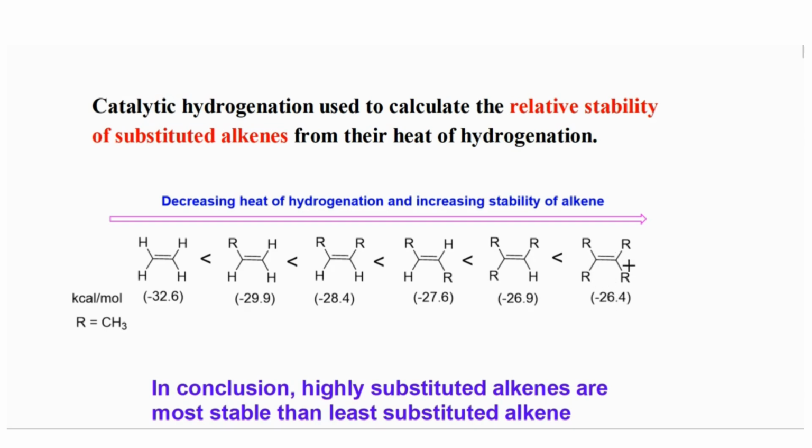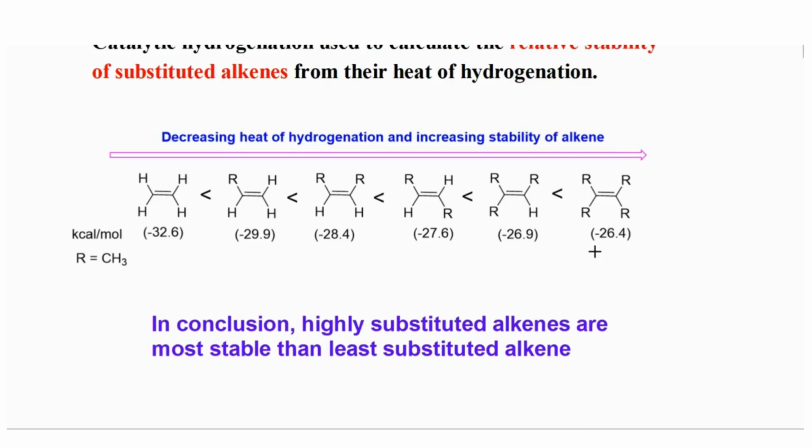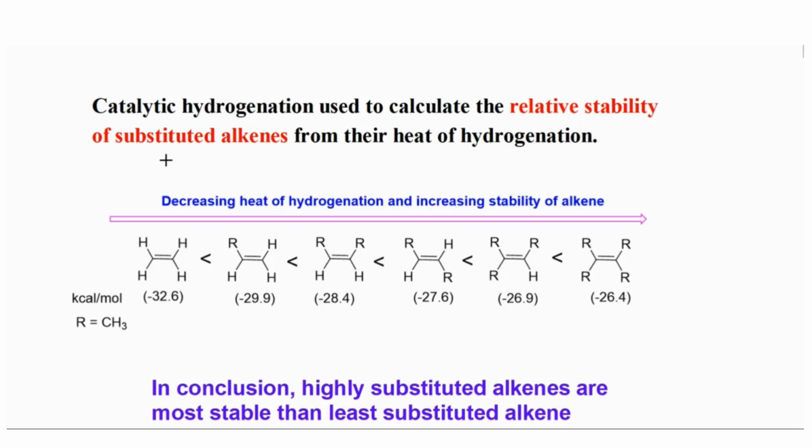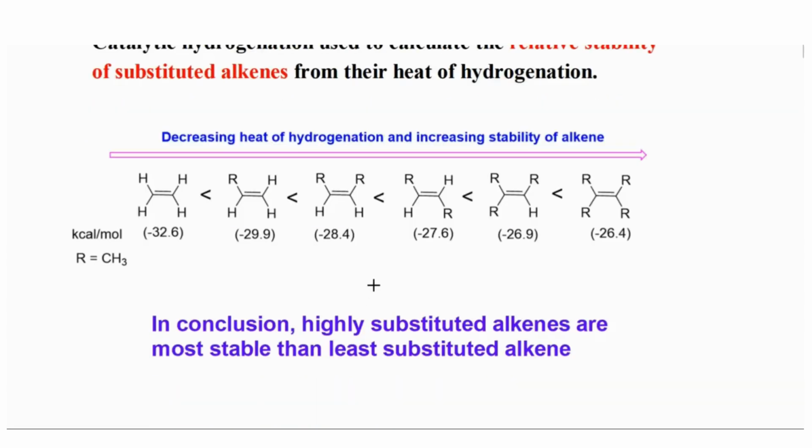So this highly substituted alkene is the most stable alkene, because it releases the least energy. That's why this compound is most stable. So this catalytic hydrogenation is used to study the relative stability of substituted alkenes. I hope you understand that. In conclusion, what we learned is that highly substituted alkenes are more stable than the least substituted alkene.